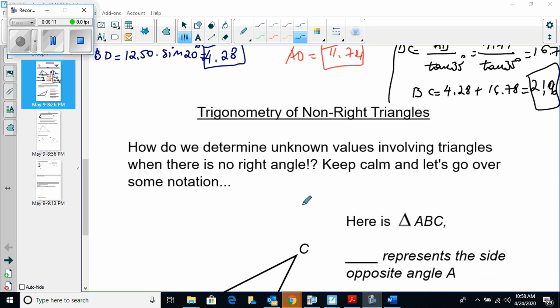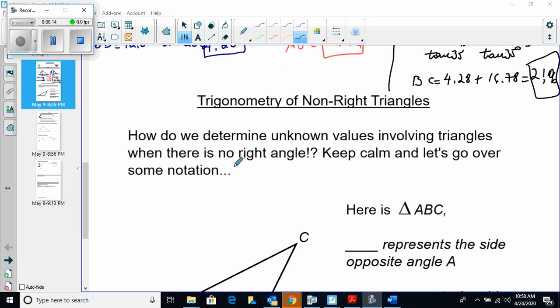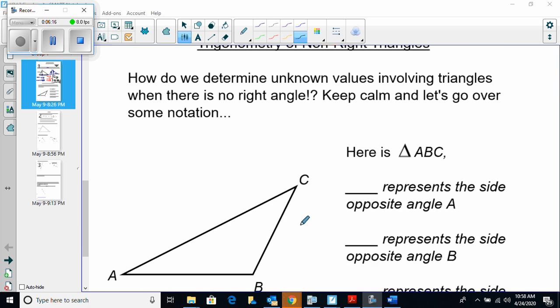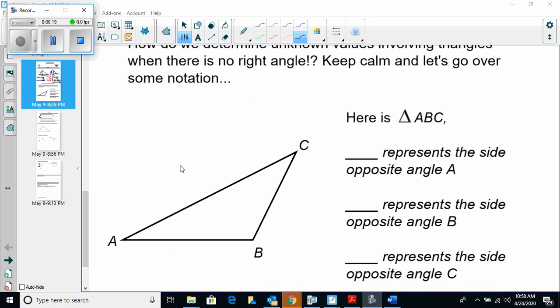So in the trigonometry of non-right angle triangles, what you will see is a triangle similar to the one we saw before, or similar to this one here. In the triangle ABC, the side that is opposite to the vertex of an angle is assigned the lowercase of that vertex. So the side BC is assigned the lowercase letter a.